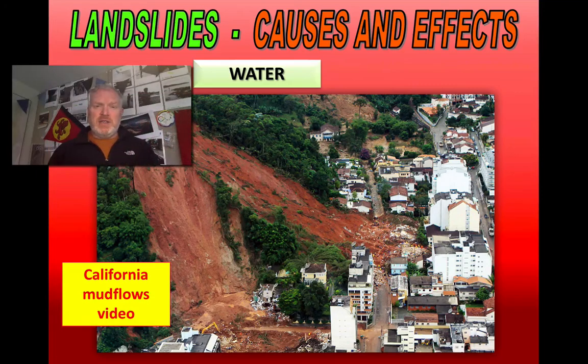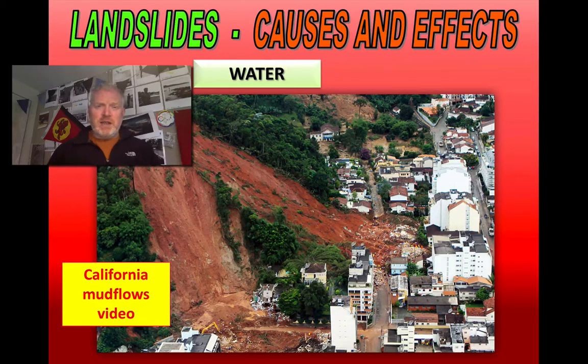Crucially, we need to think about water. Water can be the lubricating factor. This can be the thing that really will weaken a slope. The more water that's in the slope, the greater the chance of it failing. It provides lubrication. If it's under pressure, it actually pushes grains of rock apart and it turns into a liquid and it will behave like a liquid.